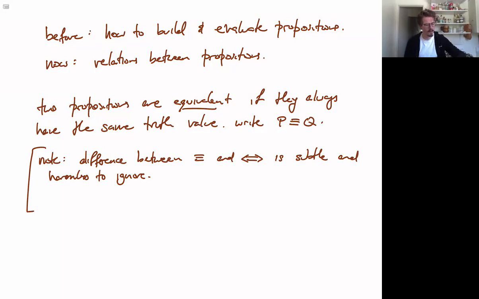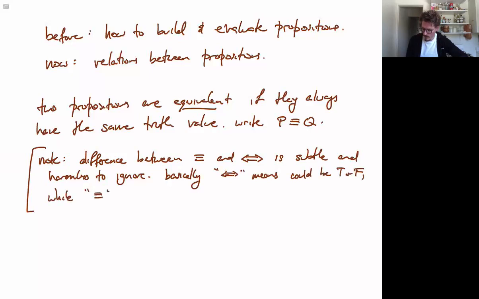But in case you're not satisfied with that, let me try and say quickly that basically this thing means you're forming a proposition that could be true or false, while this thing means you're claiming that it's always true.